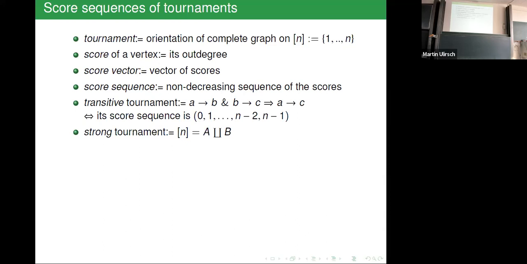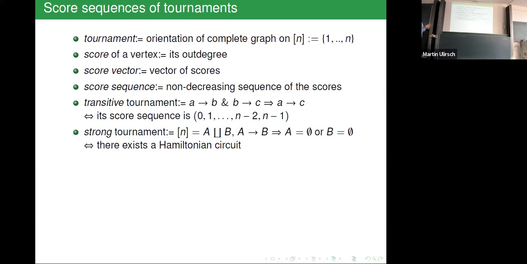There is no way to partition the players into two teams so that a player in one team always beats the player in the other team. So that's what a strong tournament is. And a very nice combinatorial exercise can show that this implies the existence of a Hamiltonian circuit, which is an oriented cycle going through every vertex exactly once.